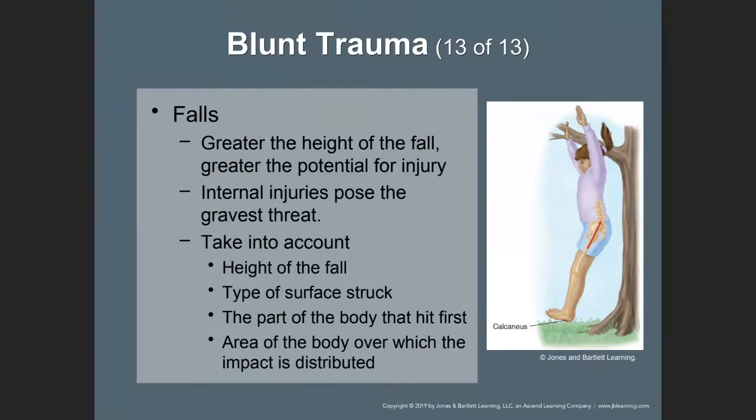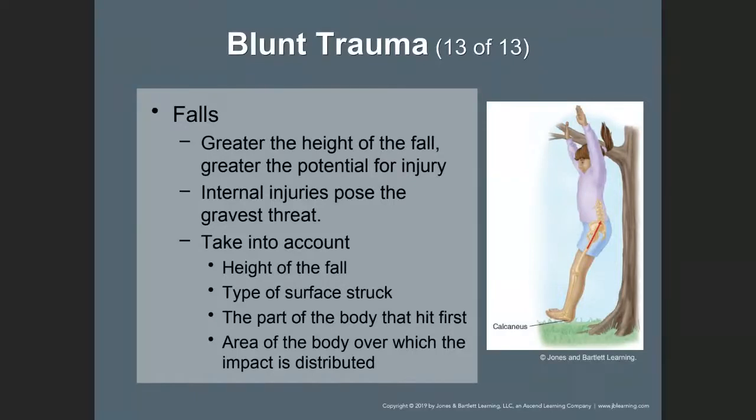Falls of 3 times an adult's height are considered significant. For pediatrics, it's 2.5 times their height. If a patient falls from a standing position and loses consciousness, that is considered to be a serious fall.